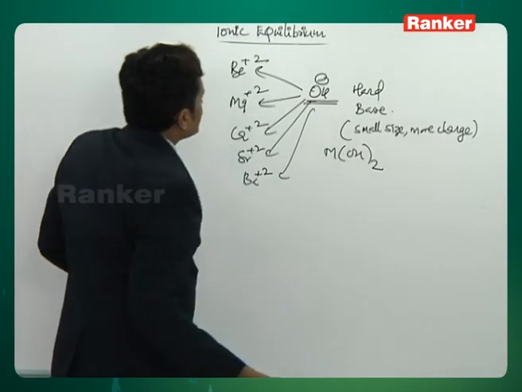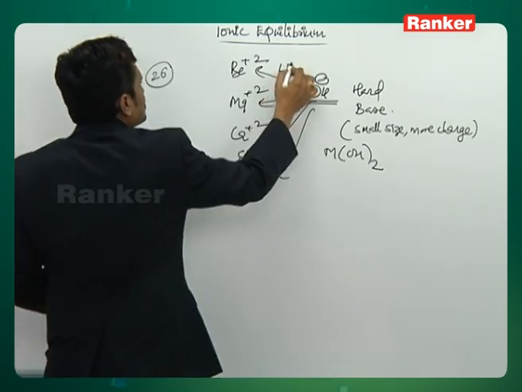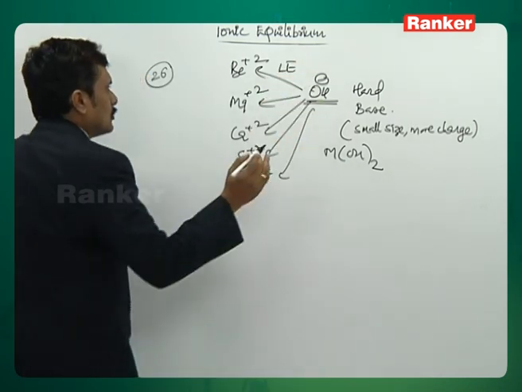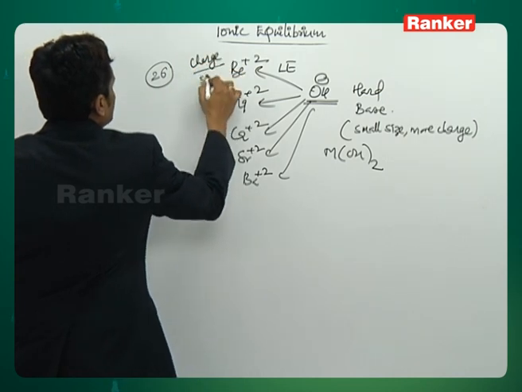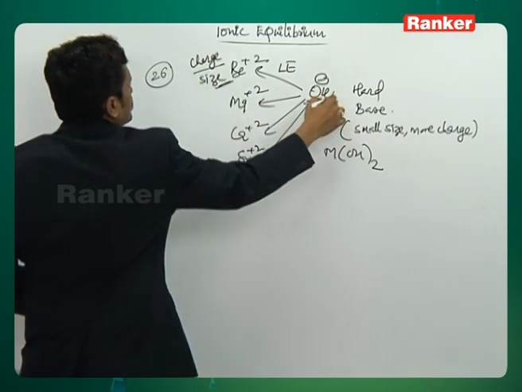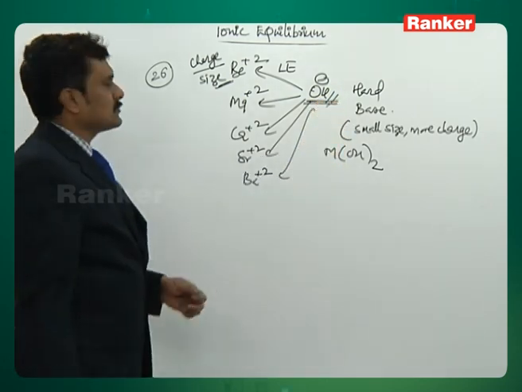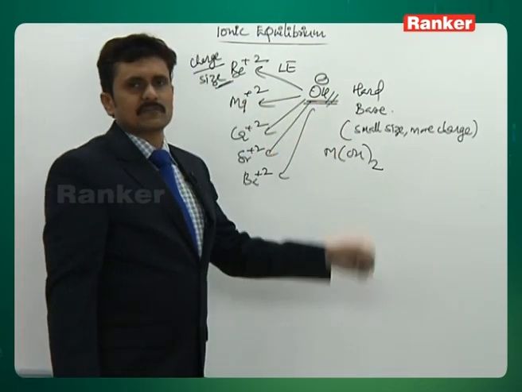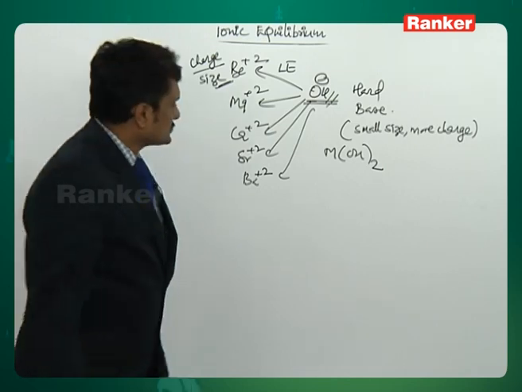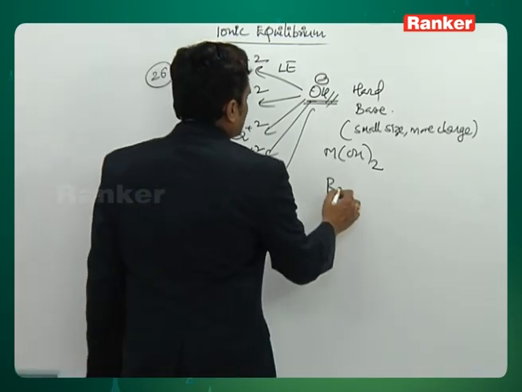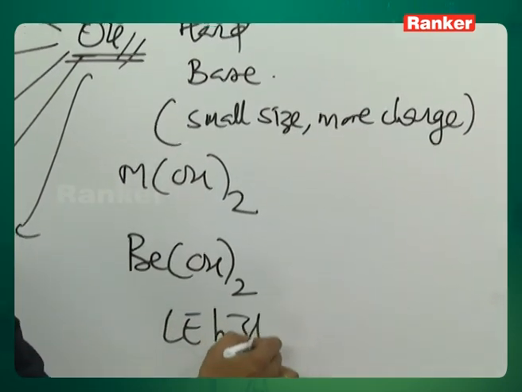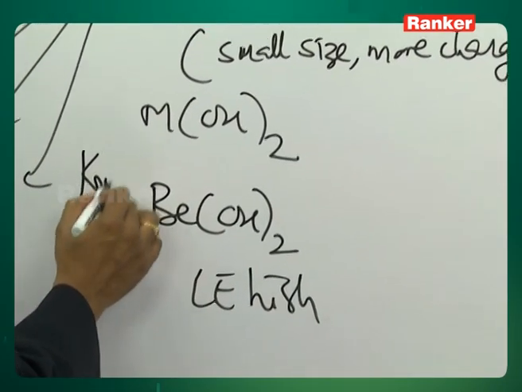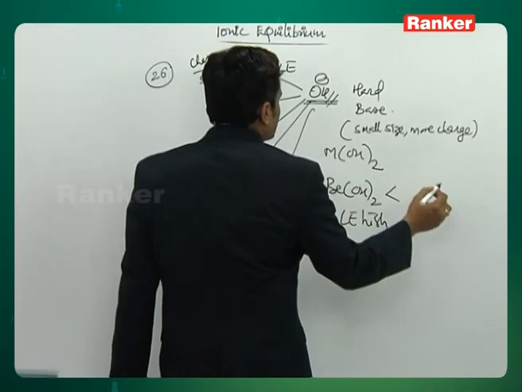When it comes to the combination, we can say that the lattice energy in this particular case is more, for the reason that the charge by size of these two species is almost matching, because they are of low size and high charge. So we can say that the beryllium hydroxide lattice energy is high, it's a stable compound. So the Ksp of beryllium hydroxide is obviously expected to be lowest.